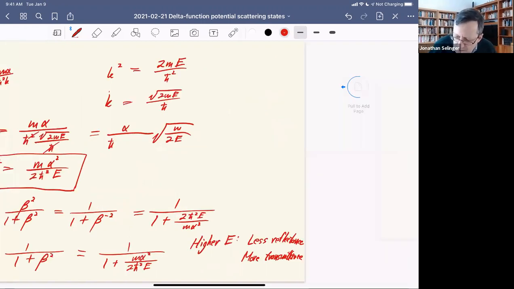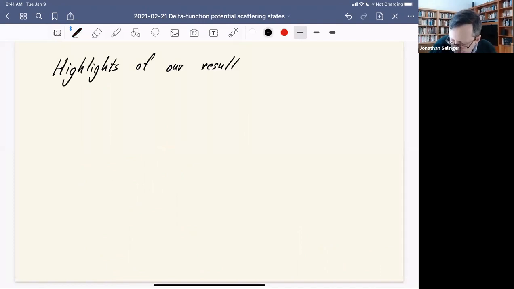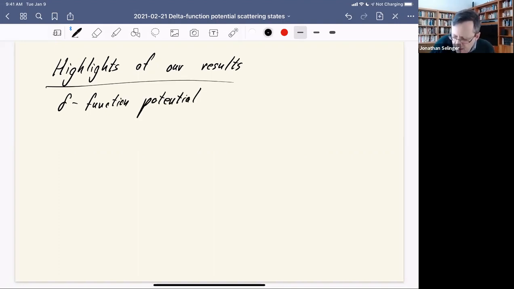So we've learned several things here. I'll summarize with the highlights of our results. The delta function potential has both bound states and scattering states.